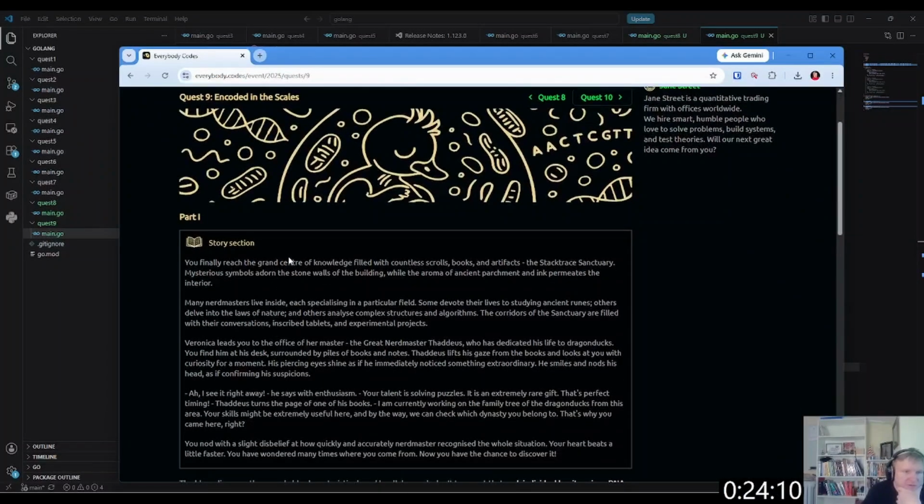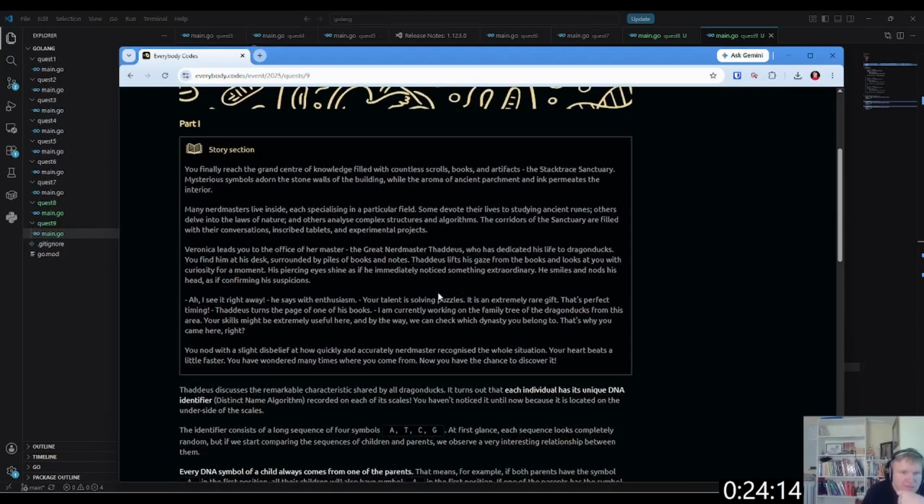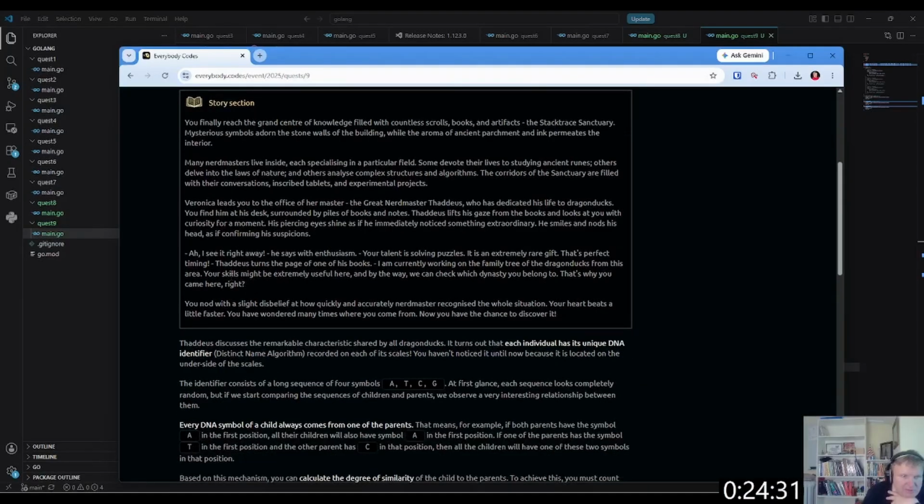Quest 9, Grand Center of Knowledge. Find him at his desk. Thaddeus. Your talent is solving puzzles. You will regret perfect timing. Your skills.